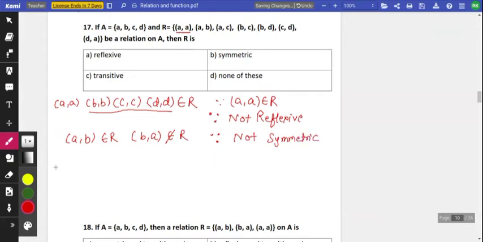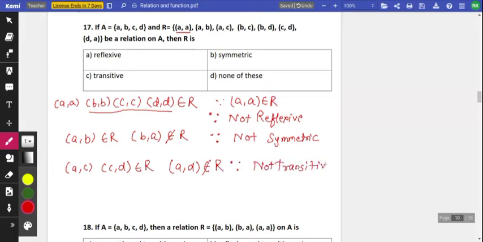For the given relation to be transitive, if A comma C and C comma D belong to relation R, then A comma D should also belong to relation R, but A comma D does not belong to relation R. Therefore, the given relation is not transitive. So the given relation is not reflexive, not symmetric, and not transitive. So the correct answer is option D, none of these.